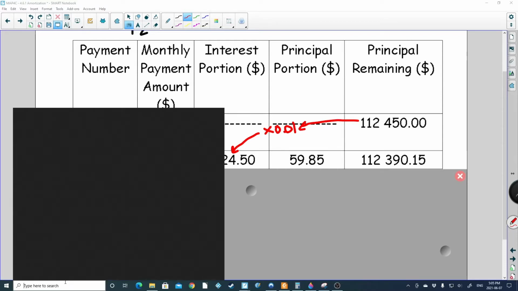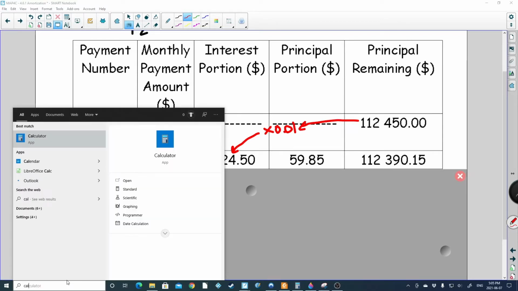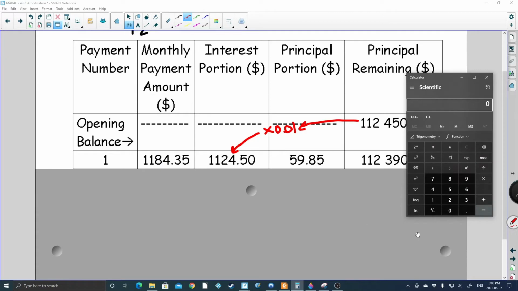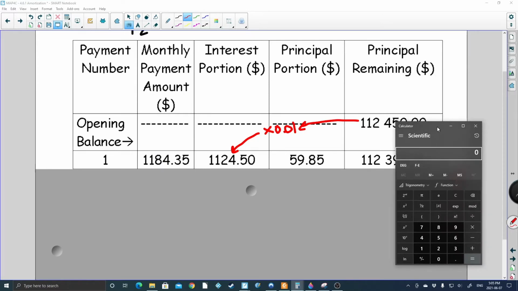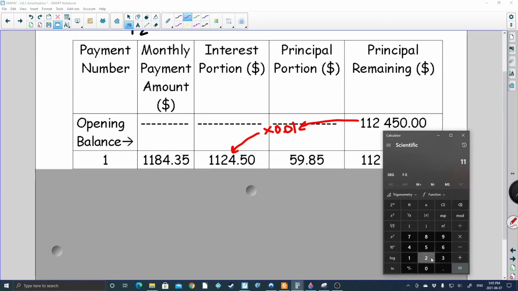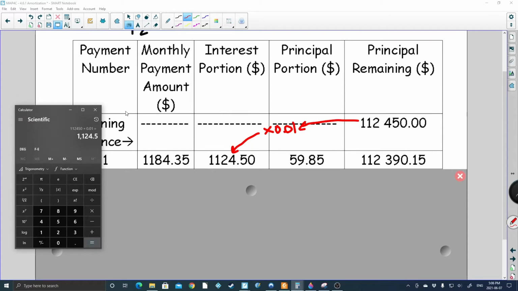So I'm just going to grab a calculator here. So if I do 112,450 and multiply it by 0.01, I get the 1,124.50. Okay? So you're always going to multiply your principal portion times that interest to get your interest portion.